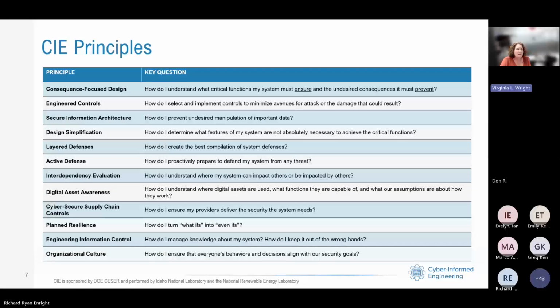The remaining 10 principles focus on the combination of traditional cyber defenses with these engineering approaches. And again, later in our presentation, we'll go into these in detail.